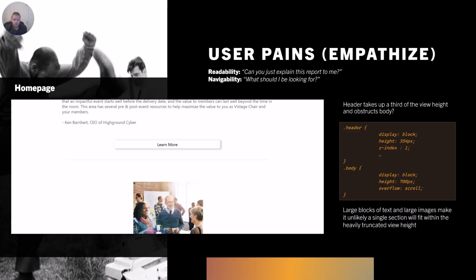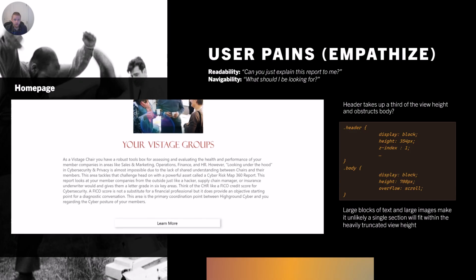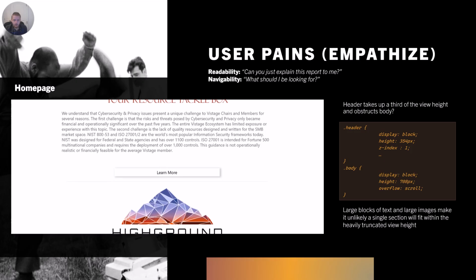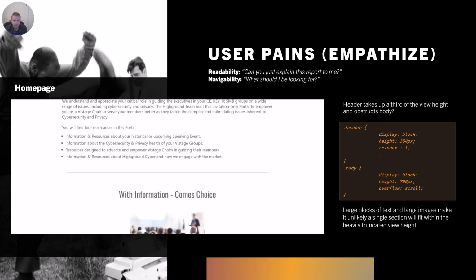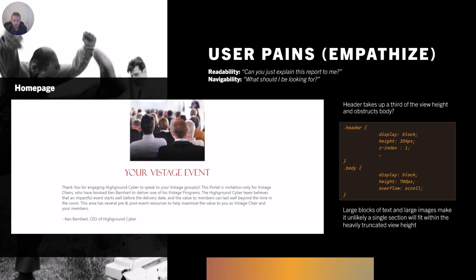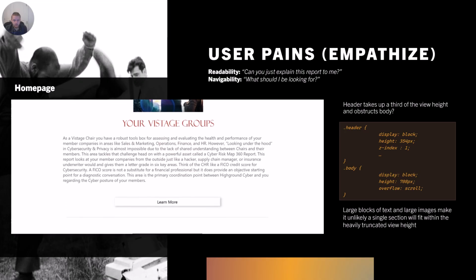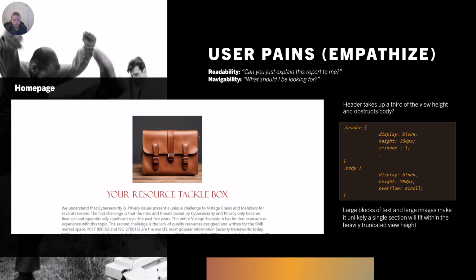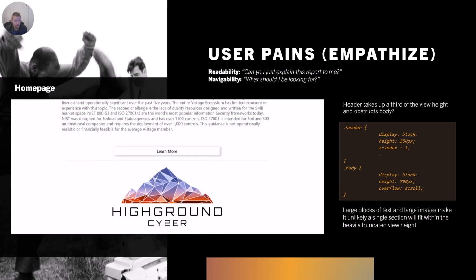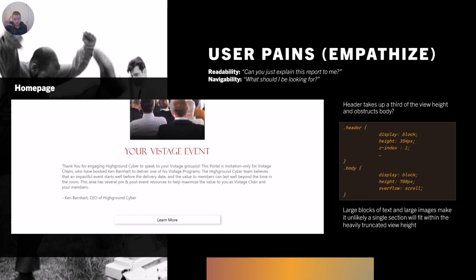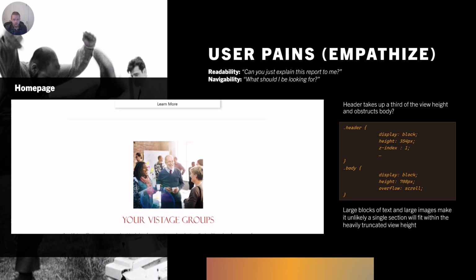The usage of spacing, from a Gestalt principle perspective, I would want headers to be closer to block copy or closer to images depending on what they represent, and the usage of line breaks as well. It's hard to tell where one section begins and another ends. And the third problem gets aggravated even further when you realize that this is going to be truncated by a third of the usable view height.